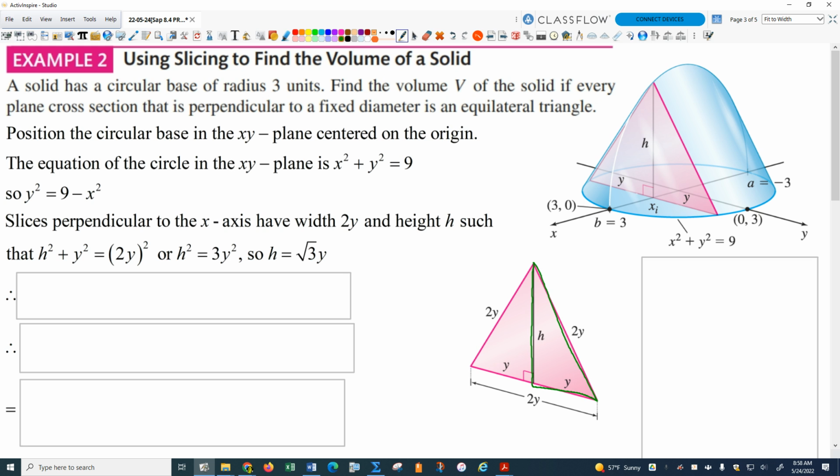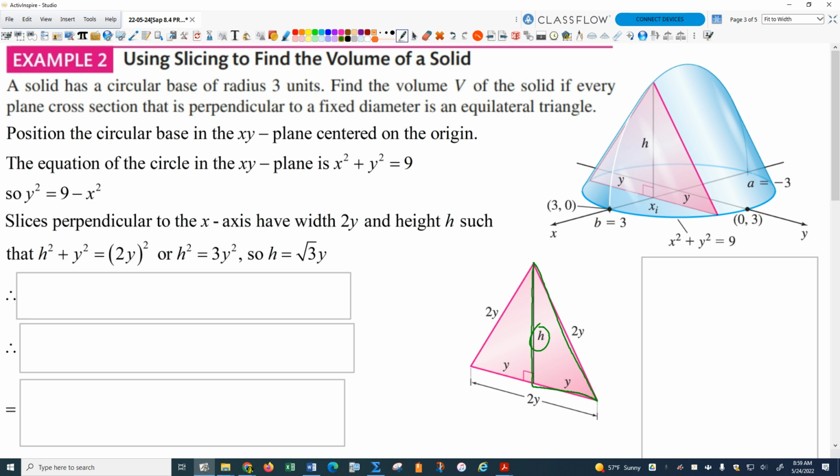we want a right triangle so we can use the Pythagorean theorem, then it's easy for us to solve for h just in terms of y, right? And so we end up with h squared plus y squared equals the quantity 2y squared, so 4y squared. Solve for h, you just get h equals square root of 3 times y. Okay?